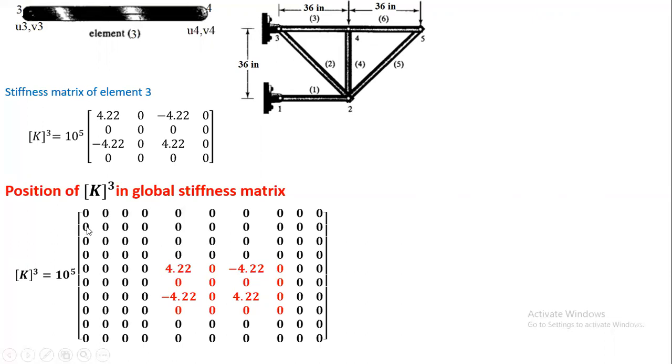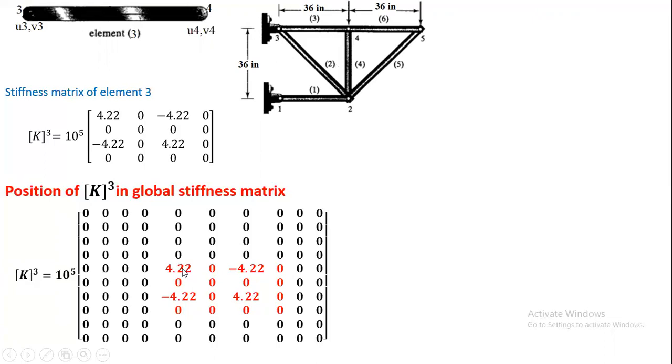The location of u3 is on the fifth row and fifth column. Okay, so this is fifth row, fifth column, because this is the fifth degree of freedom, this is the sixth degree of freedom. It is also connected to the element number 3. It is the seventh degree of freedom, eighth degree of freedom. Okay, and so on.